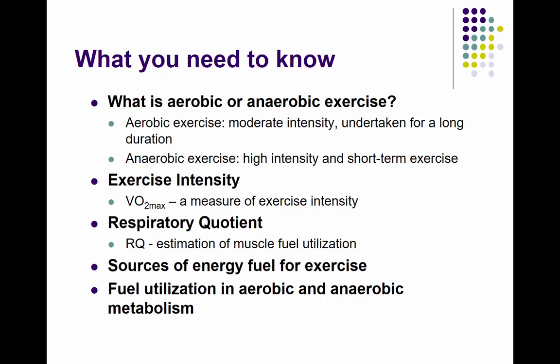One type is aerobic exercise, which is moderate intensity exercise undertaken for a long duration, for example the marathon, running a long distance that takes a couple of hours. The other type is anaerobic exercise, which is high intensity and short-term, for example a 100 meter sprint. So there are two different types of exercise.